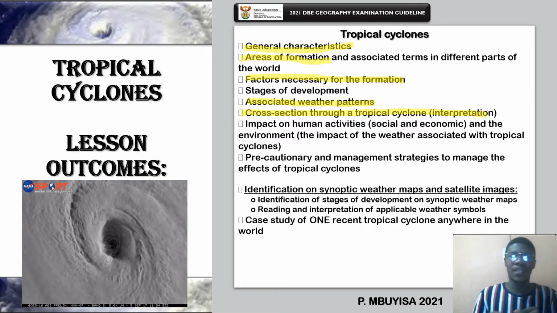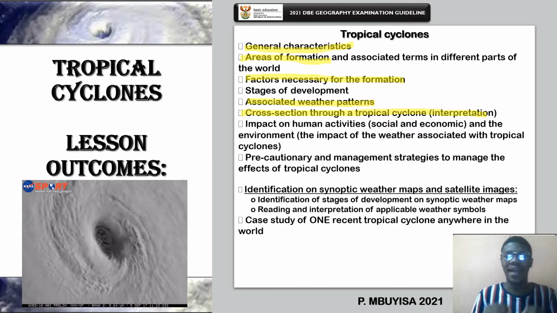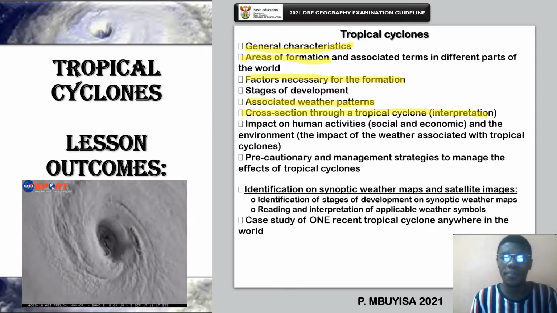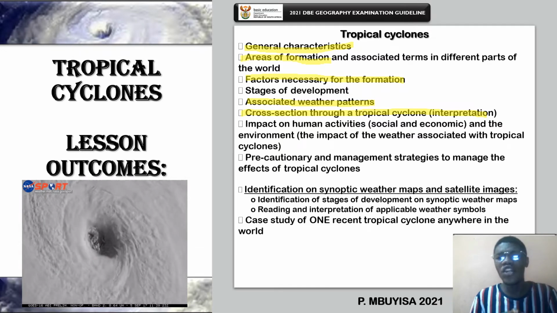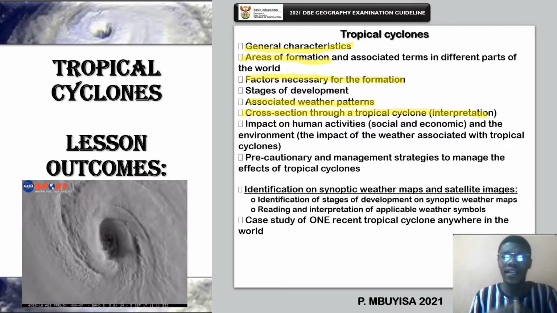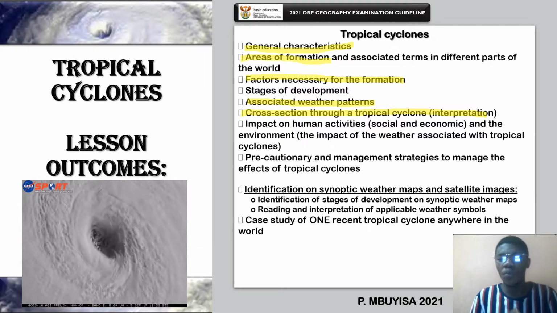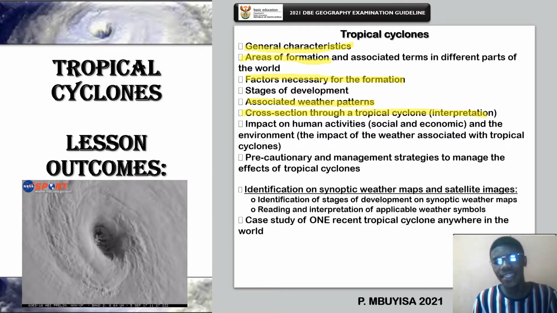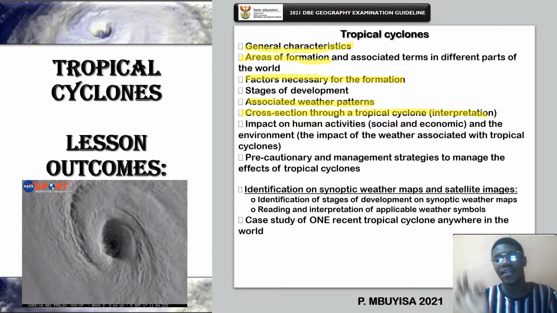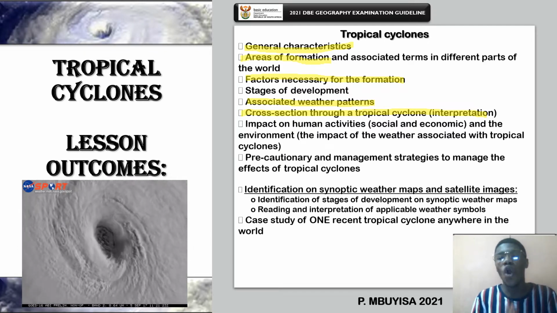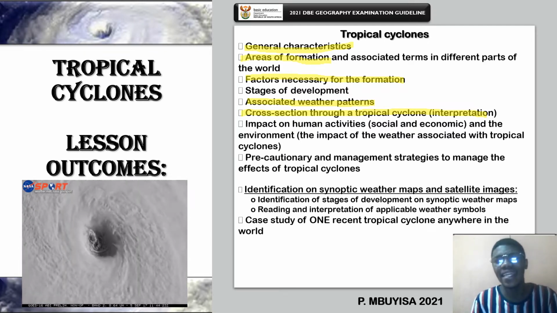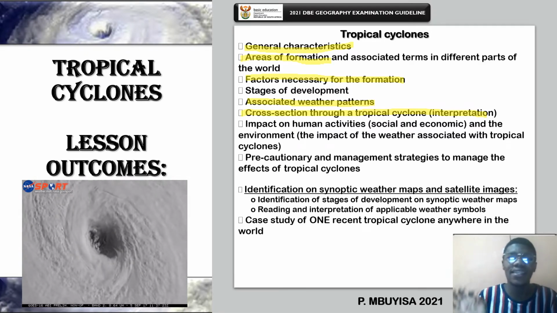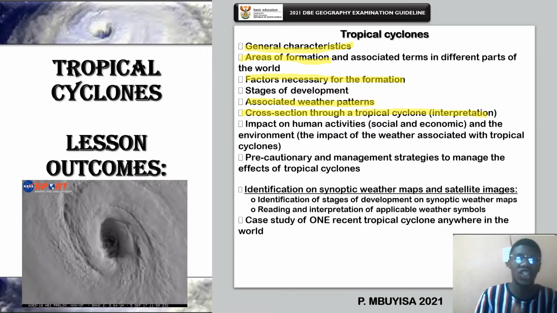And again, since they are cyclones, another general characteristic of this system will be the circulation. We know that all cyclones, all low pressure systems in the southern hemisphere circulate in a clockwise direction, and all low pressure systems in the northern hemisphere circulate in an anti-clockwise direction.